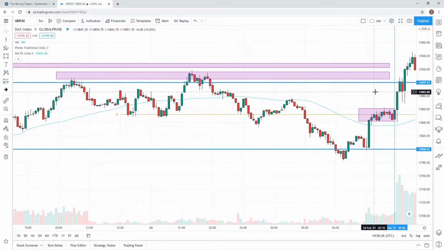One thing to notice is that after this bar here, it could have been possible to notice that the bears were not very strong, and so we could have entered this level here long in order to exploit this momentum of the bulls. The problem with that is that you're entering on what used to be support and resistance area, especially a resistance area.